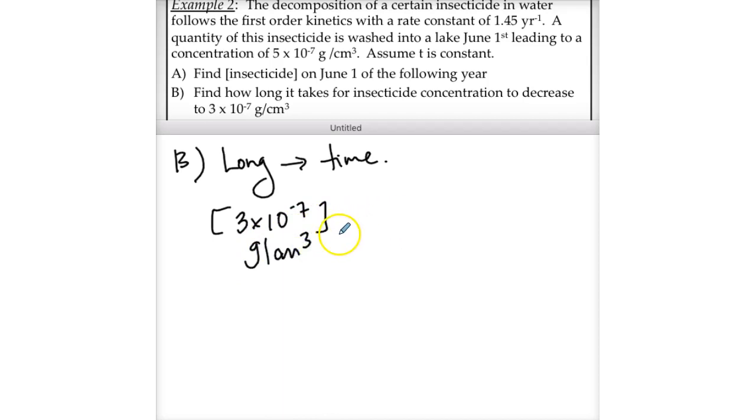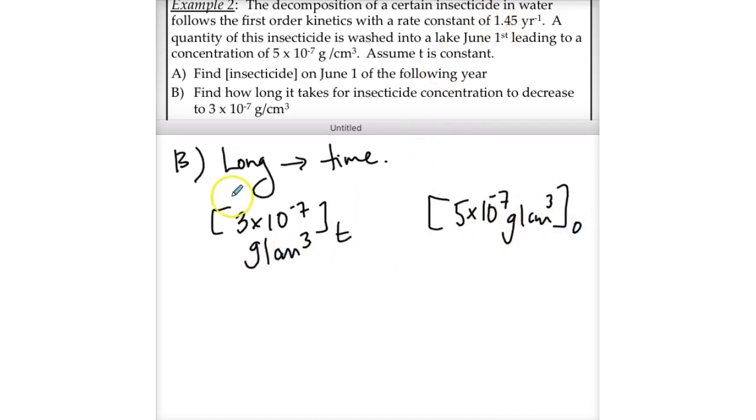This is the final time, because it says how long does it take for it to drop to this measurement. So the initial concentration is going to be this guy, what we measured the lake to be on June 1st. So that's our initial.